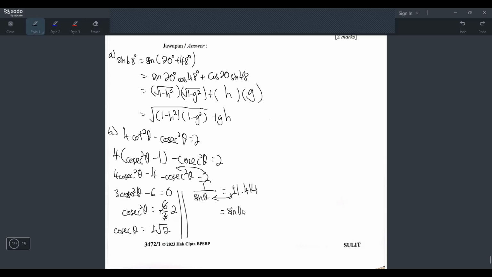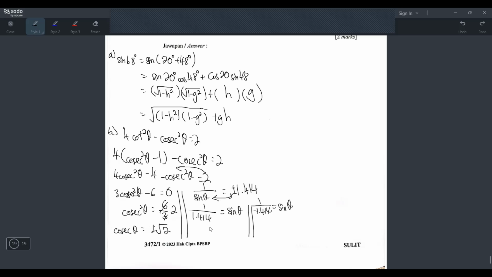So it becomes sine theta equals to 1 over 1.414. But there's also another one, which is sine theta equals to 1 over negative 1.414. Because it can be positive or negative. So that's why when you move divide to multiply, multiply to divide, there will be two answers. It's either 1.414 or negative 1.414.